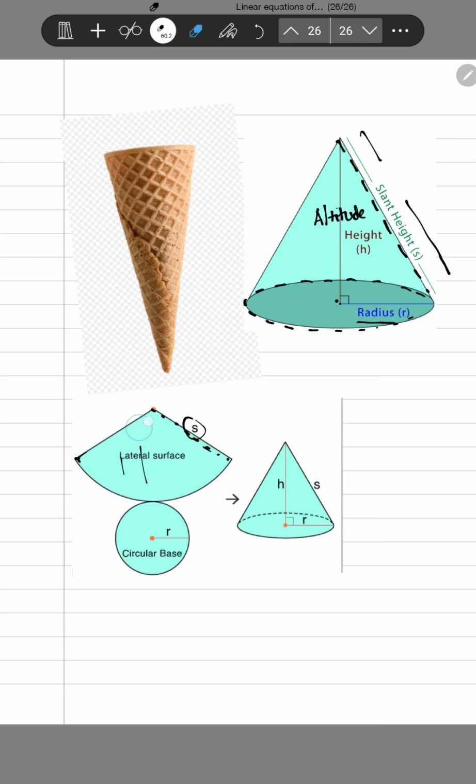Good. Now, what is the relation between this part of the large circle, which is part of a circumference, and this part of the small circle, which is the complete circumference? Circumference of a circle, C, is equal to pi d or 2 pi r.